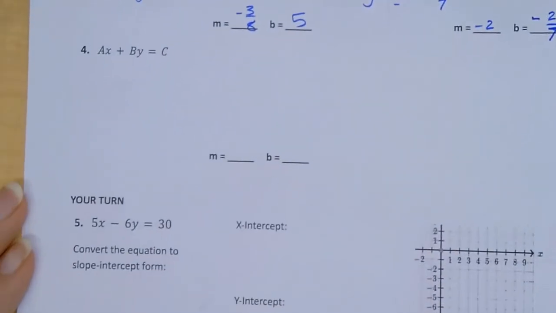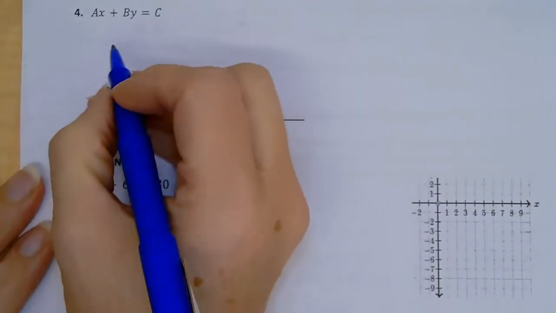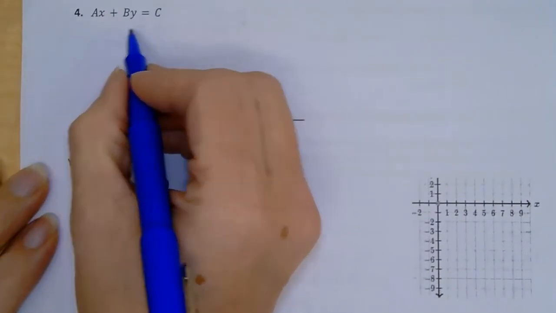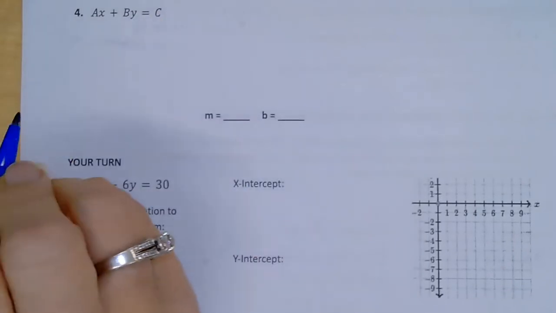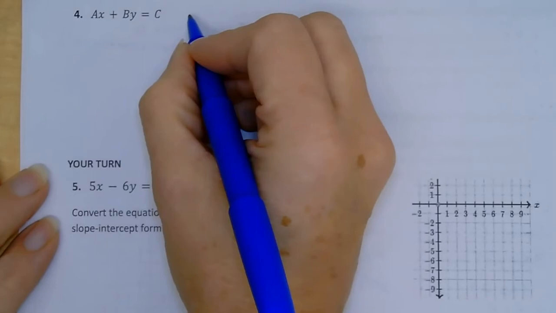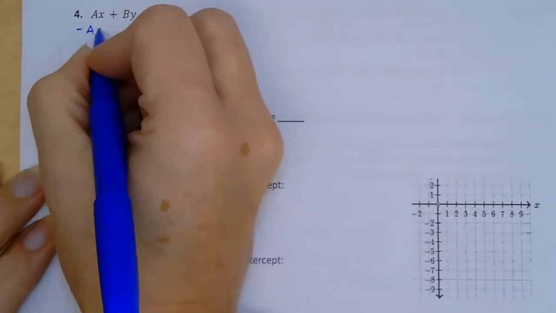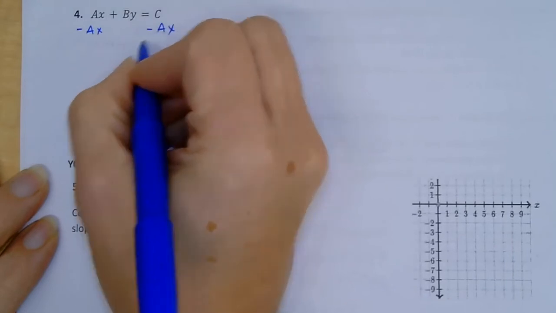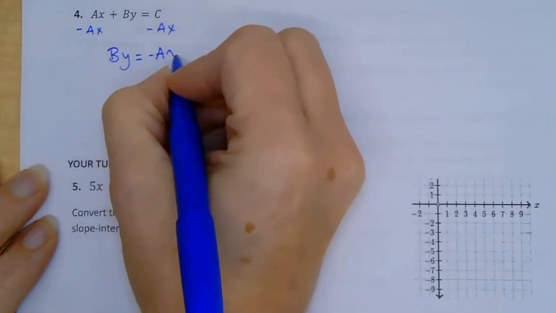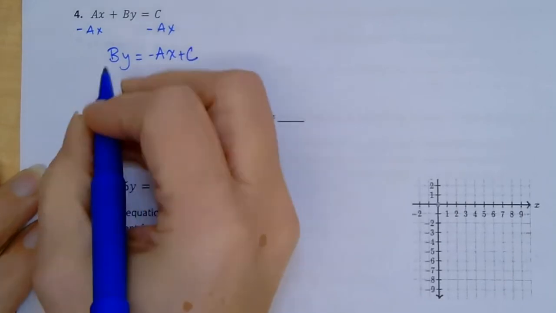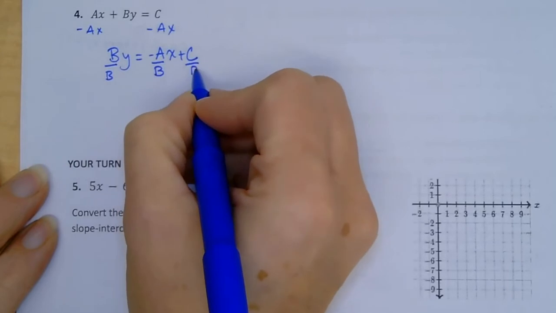Okay, so let's think in general. What do we know then when we solve for the slope and the y-intercept? Let's just do a complete literal equation. I'm going to solve for y, and I want to end up with y equals mx plus b format, right? I'm going to subtract ax from each side. So I have capital B y equals negative ax plus c, and I'm going to divide every single term by b.